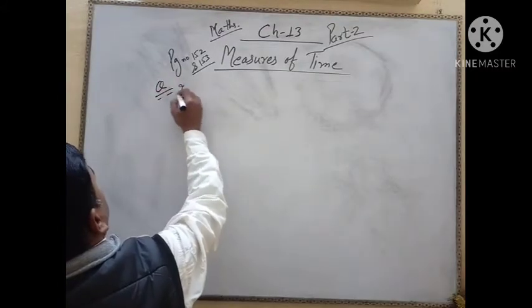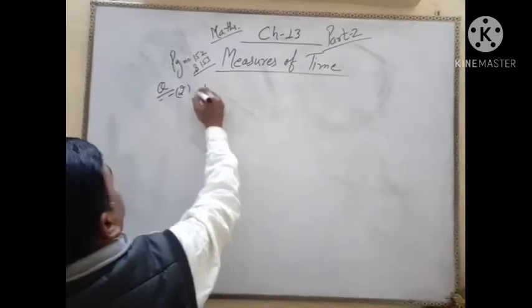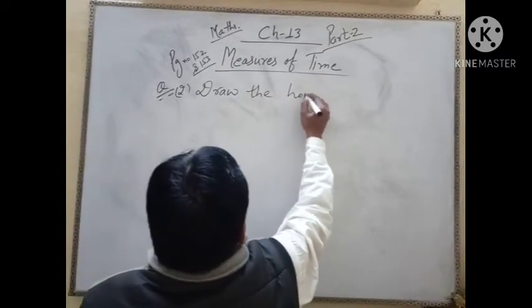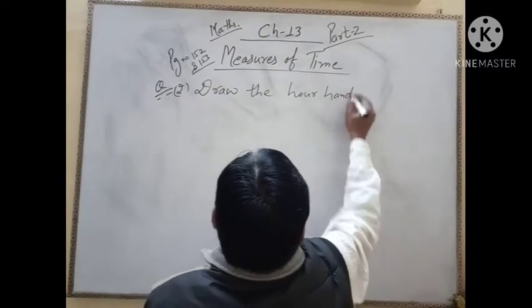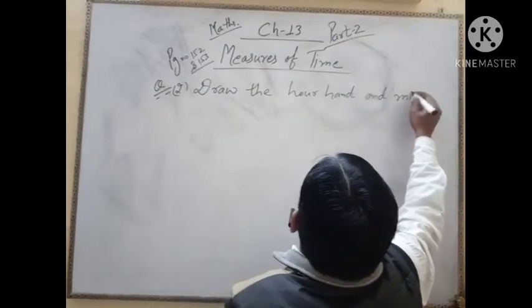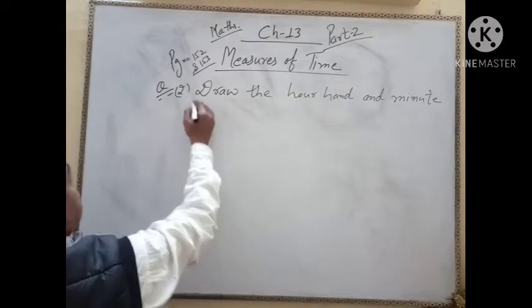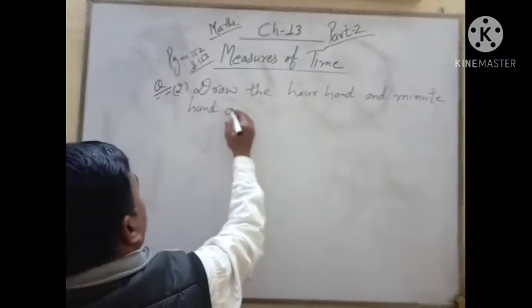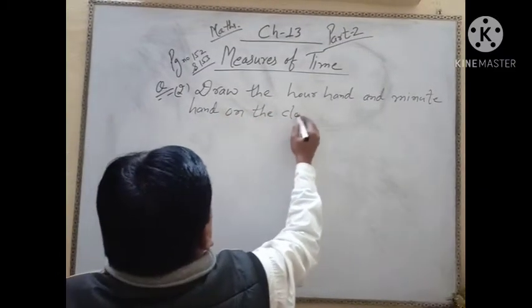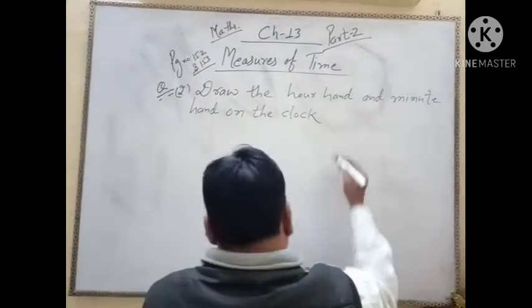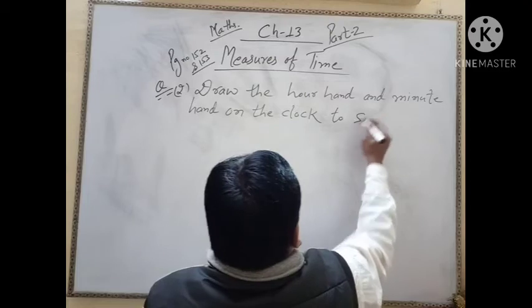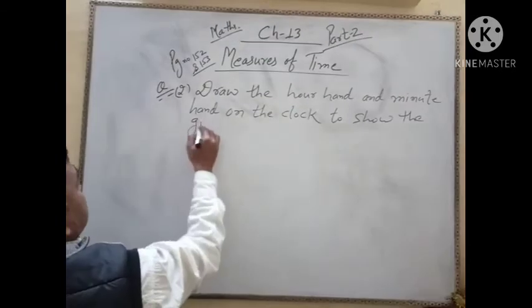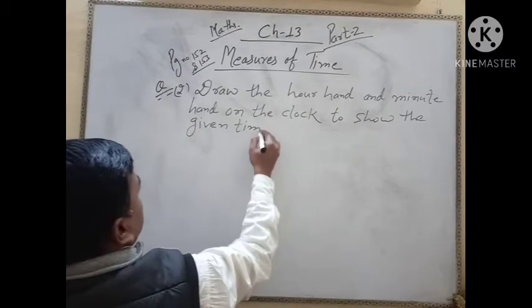Question number 2. Question number 2 is draw the hour hand and minute hand on the clock to show the event time.